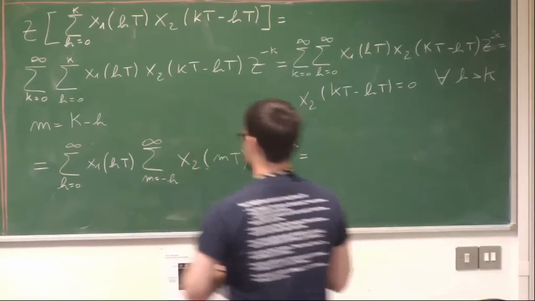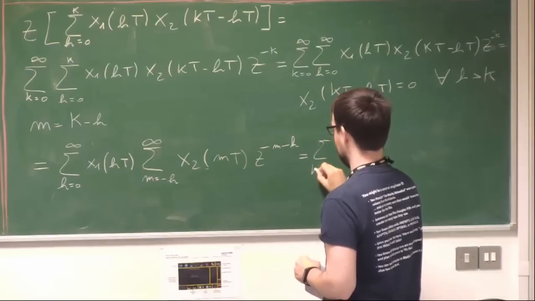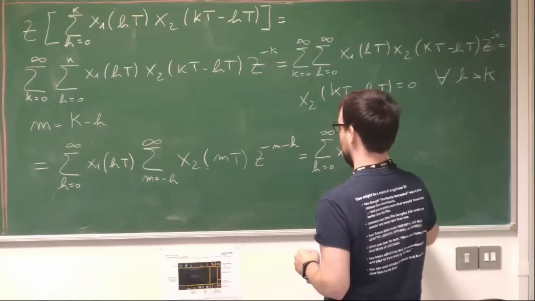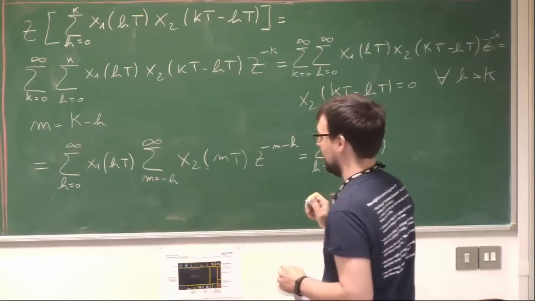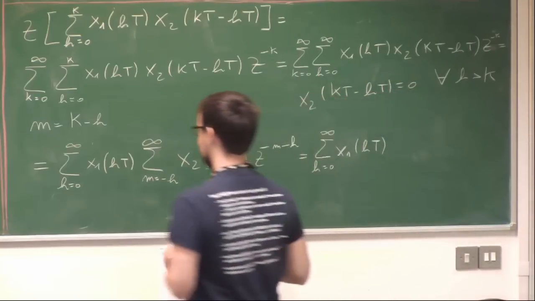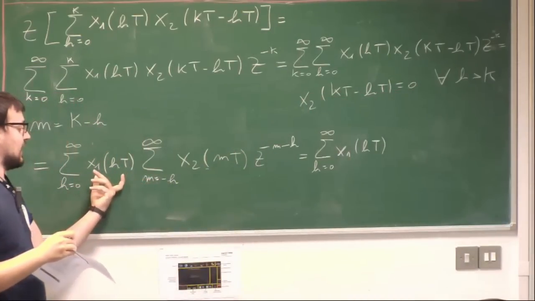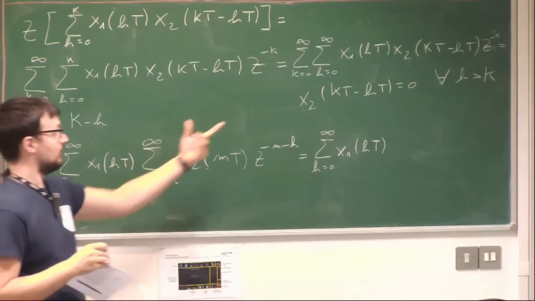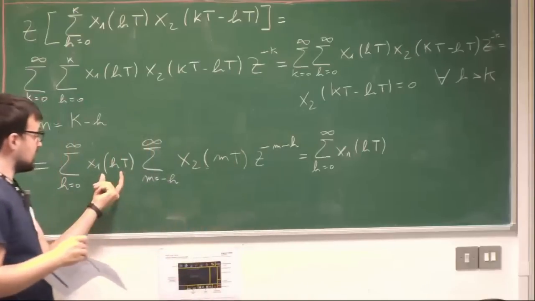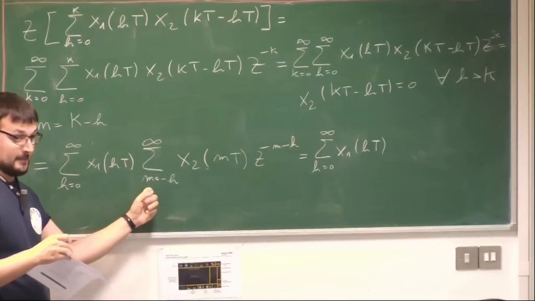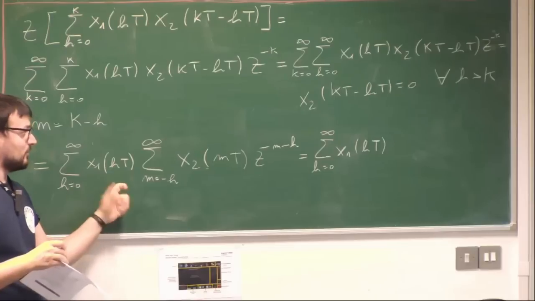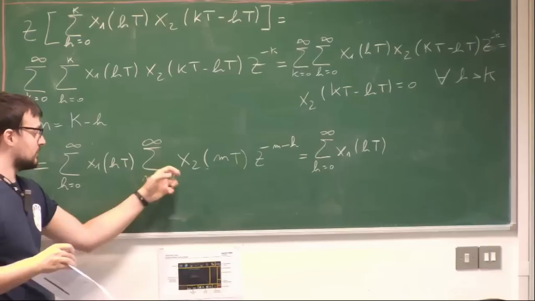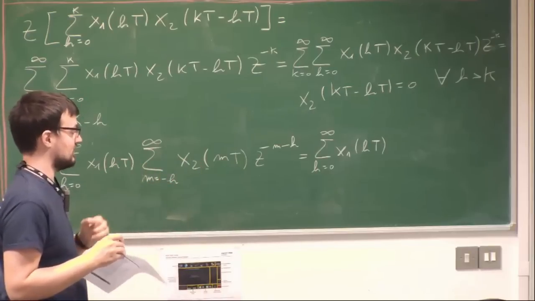Now we see that this can be written as the sum with h going from 0 to infinity of x1(hT). One thing I want to point out is that I was able to swap this term and the sum because this term does not depend on m. If this term depended on m, you could not just swap the sums like this. But this is constant with respect to m, so I can bring it outside this sum.